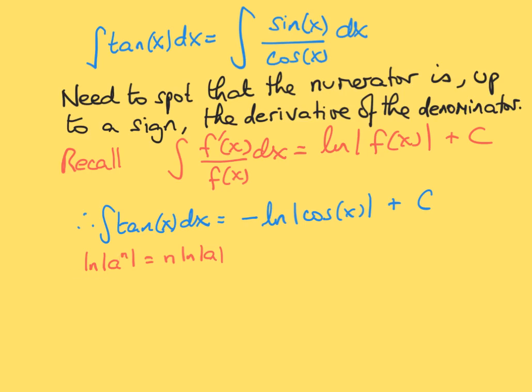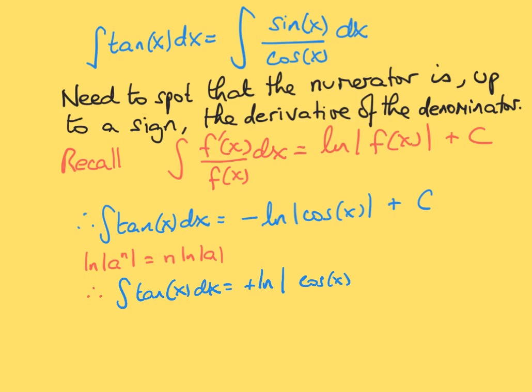And here, this number is minus 1. The logarithm is multiplied by minus 1. So what we have is that the integral of the tangent of x with respect to x is plus the logarithm of the cosine of x to the minus 1.